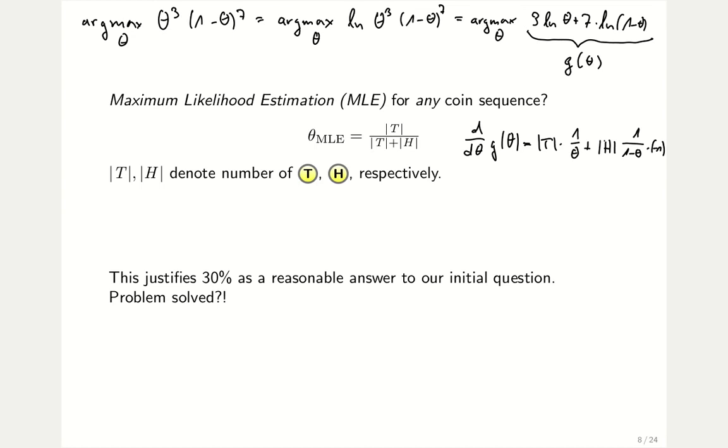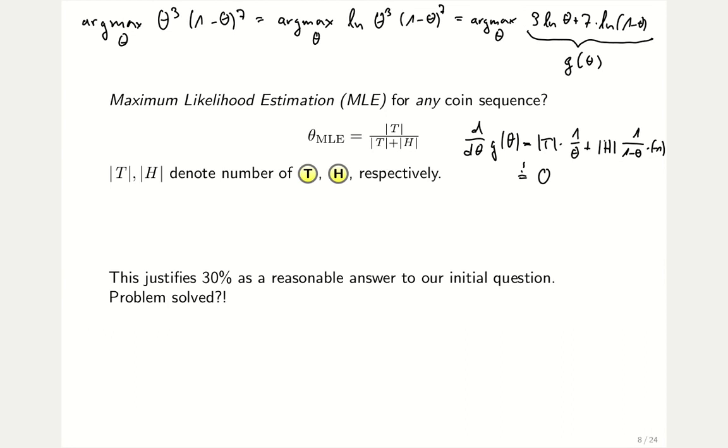Okay, don't forget this minus 1. The minus 1 comes from the chain rule because we're taking the derivative with respect to 1 minus theta. The derivative of 1 minus theta with respect to theta is minus 1. Okay, don't forget that because it will screw up all your calculations if you miss that. And now this is supposed to be 0 if we are looking for critical points.